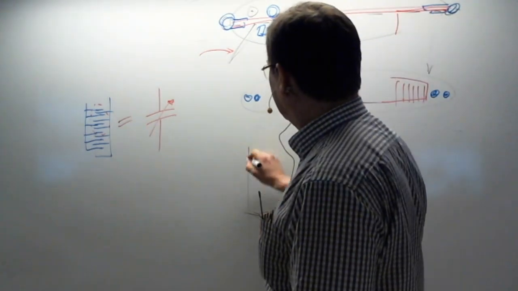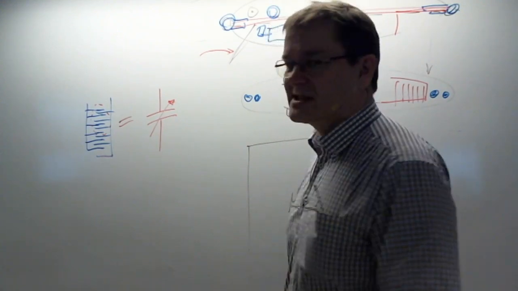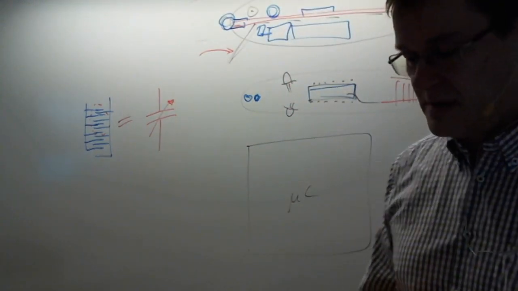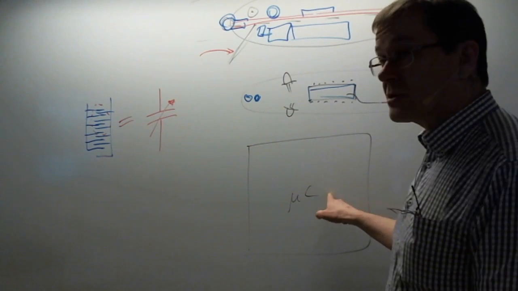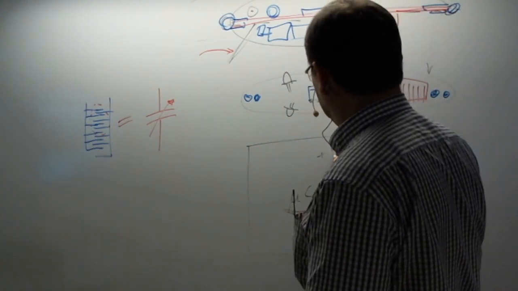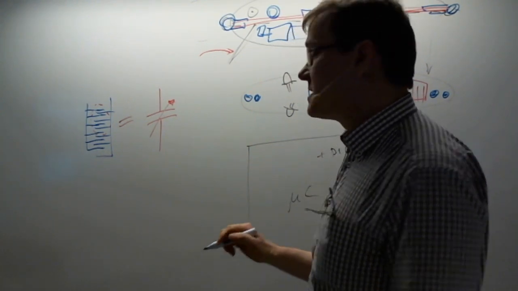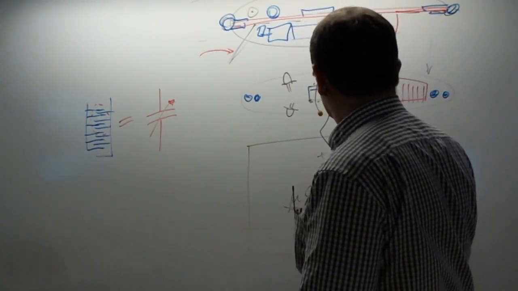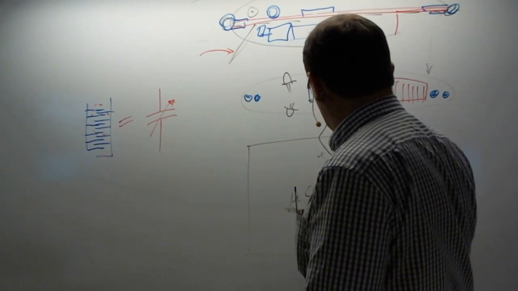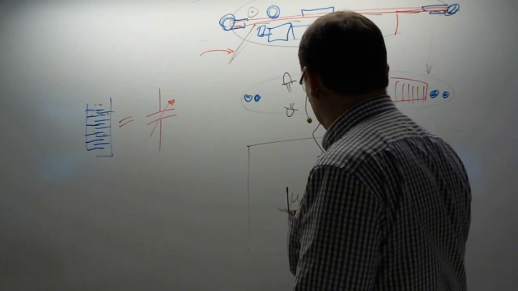So basically, the programmable system on chip consists of a microcontroller core plus digital programmable logic circuits, and then it also has analog programmable circuits.